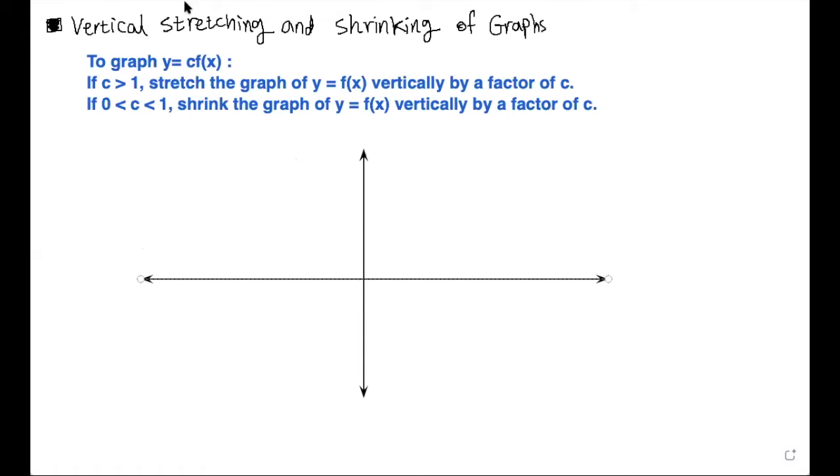Suppose my original function is the black one. It goes up to here, then stops here, and from this side it is like this. This is my original function, f of x. This is the x-axis, and here's the y-axis.